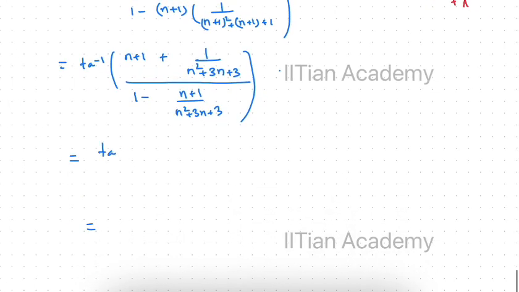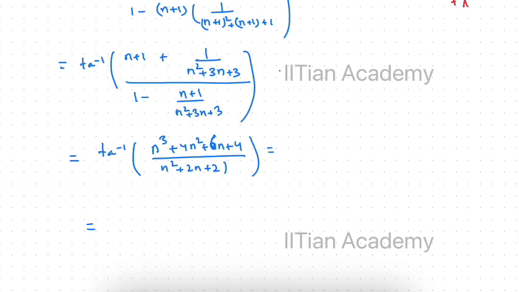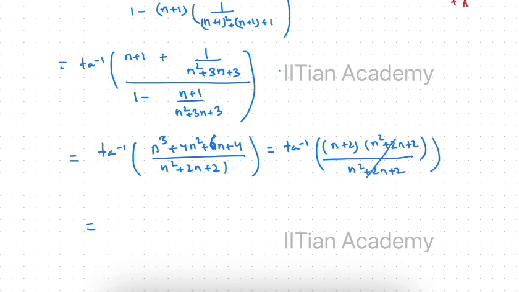This can further be simplified as tan inverse of (n cube plus 4n square plus 6n plus 4) divided by (n square plus 2n plus 2), which can be further written as (n plus 2) multiplied by (n square plus 2n plus 2) divided by (n square plus 2n plus 2). This is cancelled, so we come out with tan inverse of n plus 2, which can also be written as tan inverse of n plus 1 plus 1.